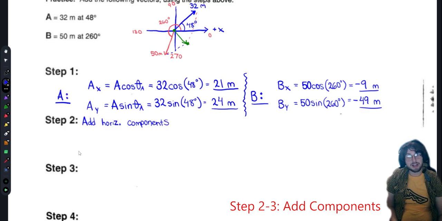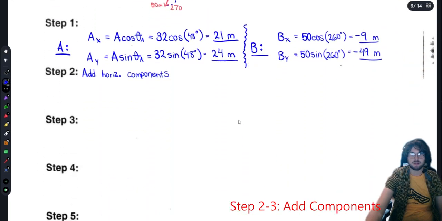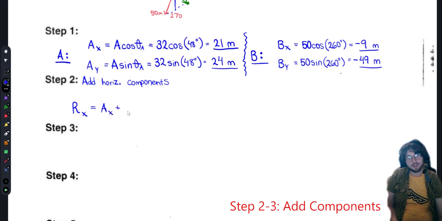And this step is pretty easy, at least as long as you're comfortable with addition, or subtraction in this case, which is that your resultant, which I'm going to call vector r, I'm going to call our resultant vector r over here. And so I'm going to say the x component of our resultant, rx, equals ax plus bx. That's it.